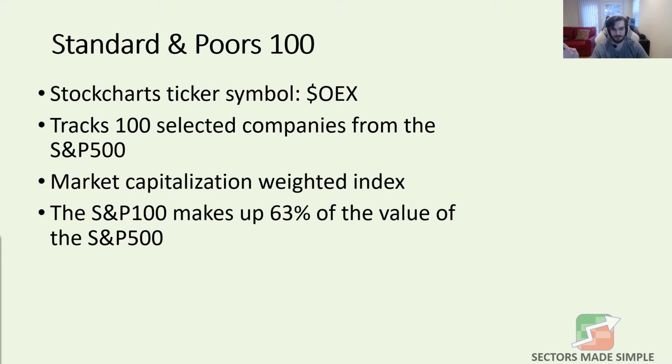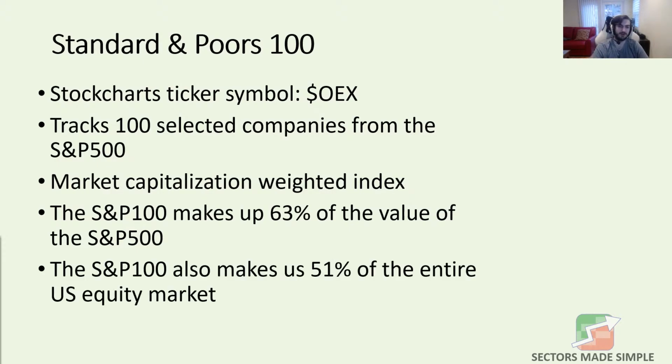Now, what about the rest of the market? I just talked about this long tail effect. Well, the S&P 100 is also more than half, just barely more than half, of the entire US equity market.